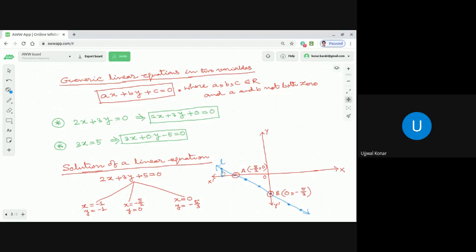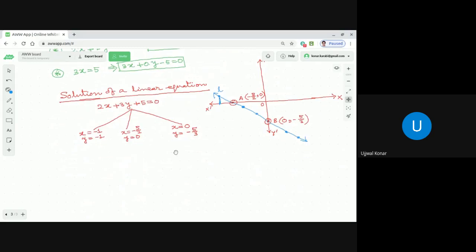Here is another way we can express this. If you look at this particular equation, 2x plus 3y plus 5 equal to 0, from here what you can write? 3y is equal to minus of 2x plus 5. Correct or not? So from here, we get the value of y is equal to minus of 2x plus 5, divided by 3.